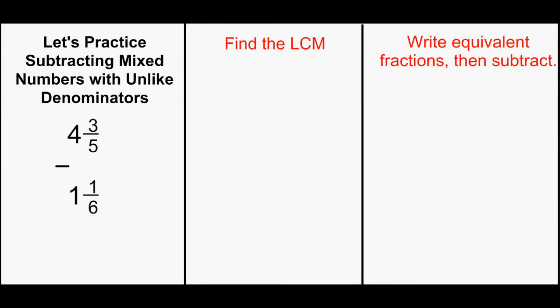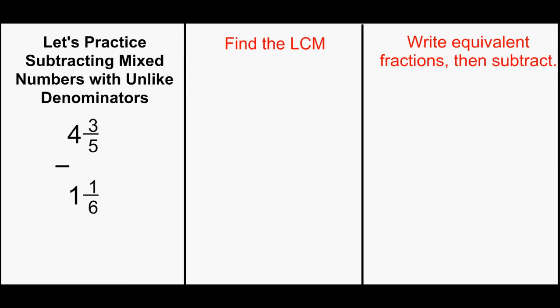Let's practice subtracting mixed numbers with unlike denominators. Remember, a mixed number is a whole number with a fraction part. We're going to take 4 and 3/5 and subtract 1 and 1/6. The fractions have different denominators.